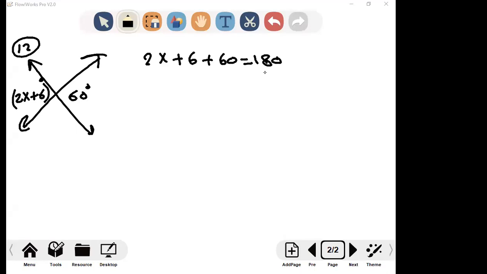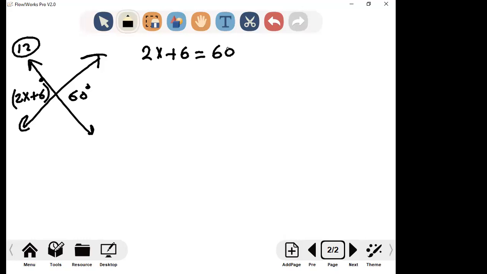Yes. Focus, guys. We have a quiz next week, I think. Focus, please. So this is incorrect. The correct equation is 2x plus 6 should be equal to 60. No 180 here because they are vertical angles, not adjacent on a straight line. Is that clear?